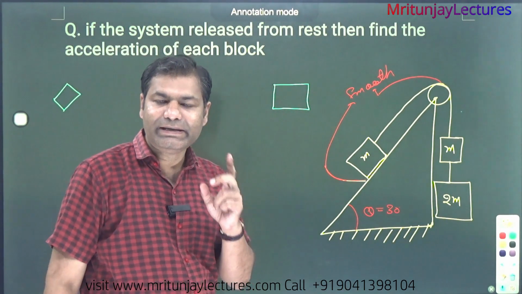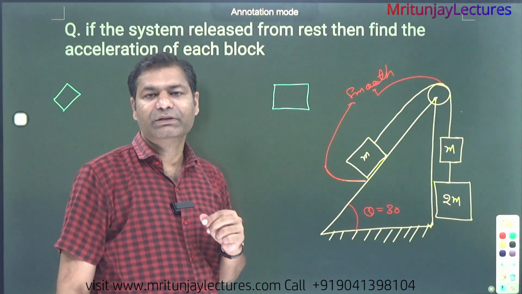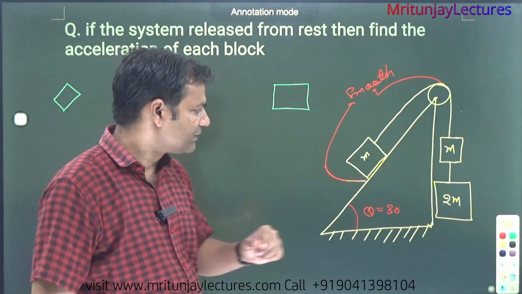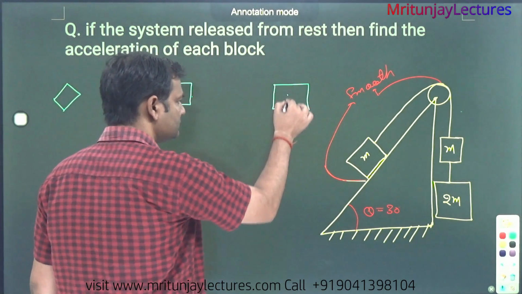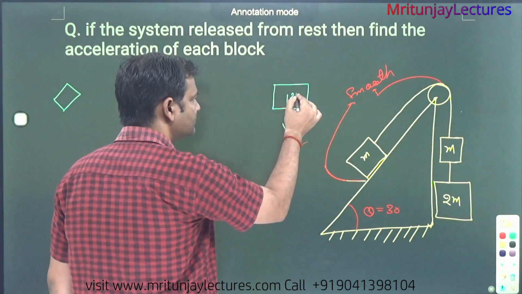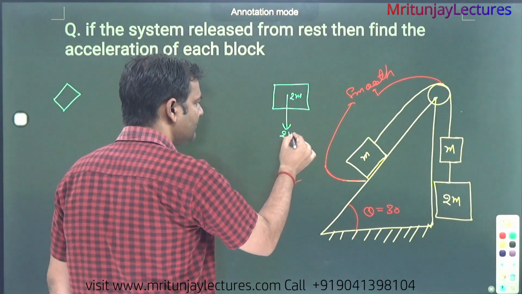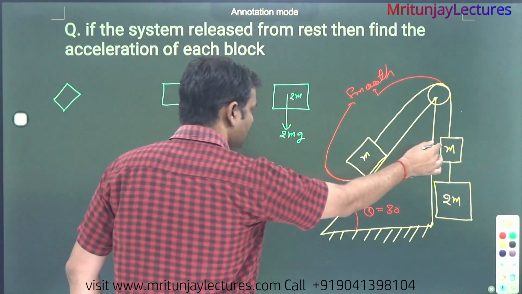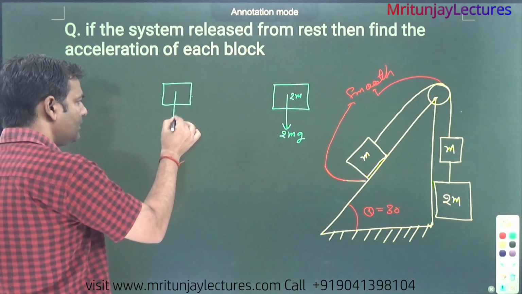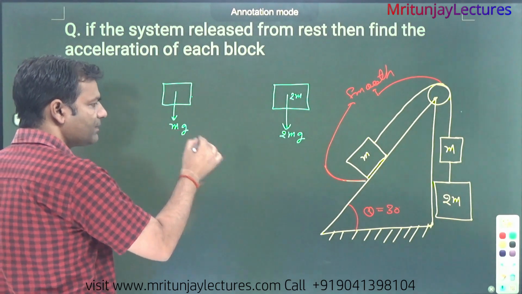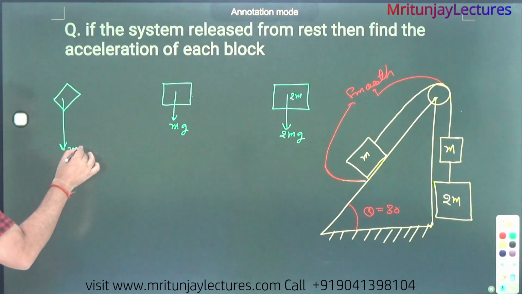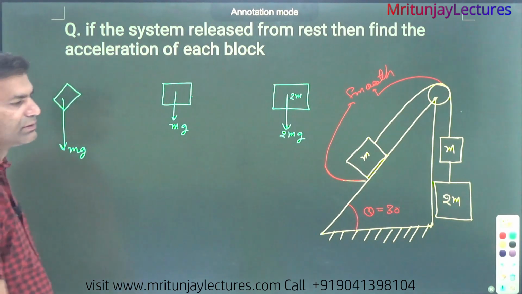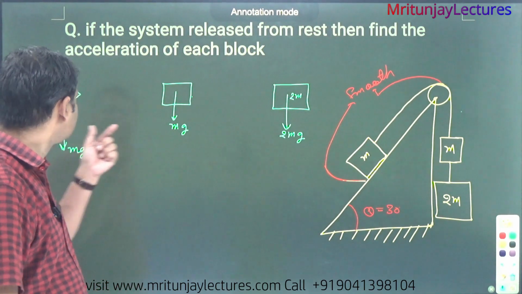We focus on indirect contact force first, and after that on direct contact force. Indirect contact force is due to gravity. Here 2M, so 2M into G, here M into G, and here M into G. Clear or not? 2mg, mg, mg.